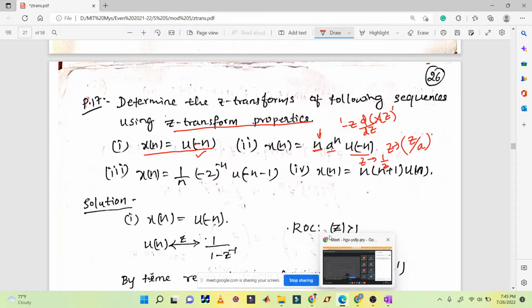You can do it in any order. Whether you want to replace this first or do this or this, it is left to you. Whichever is easy, you can follow that. Better is to perform the differentiation first, then replace. Okay, so we can see both ways in the examples.